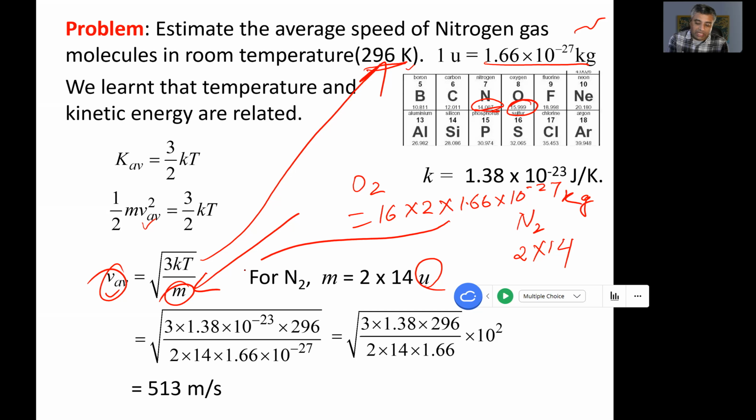Okay, so now you can plug that in there. So which one has a larger mass, oxygen molecule or nitrogen molecule? You can type that on chat if you do not want to speak. Which one has a larger mass, oxygen molecule or nitrogen molecule?